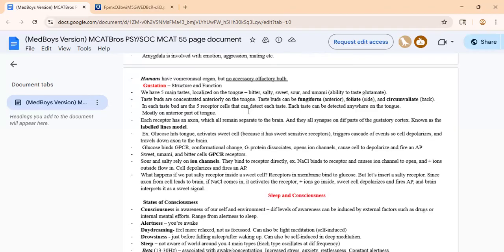So sweet, umami, and bitter cells are all GPCR receptors. Sour and salty are going to be ion channels. It's easy to know salty because of sodium, and sour, we want a sour or salty sauce. So ion channel, they're going to be binding directly to the receptor.